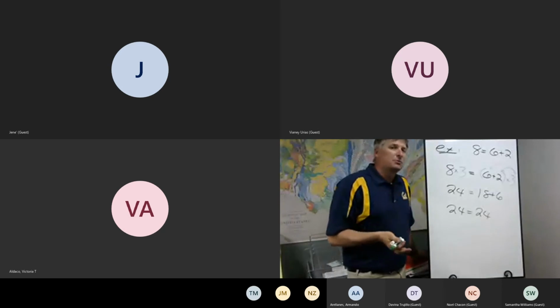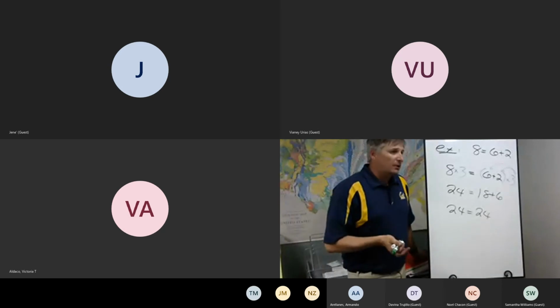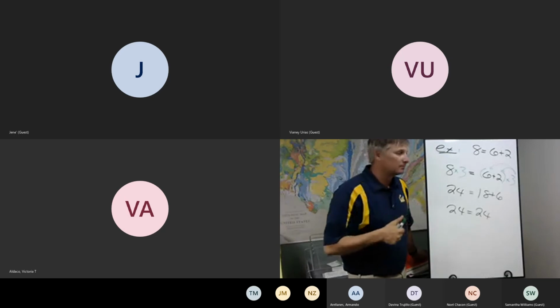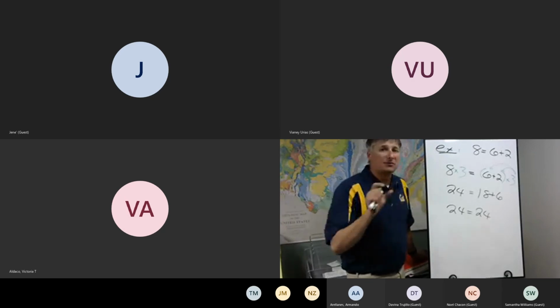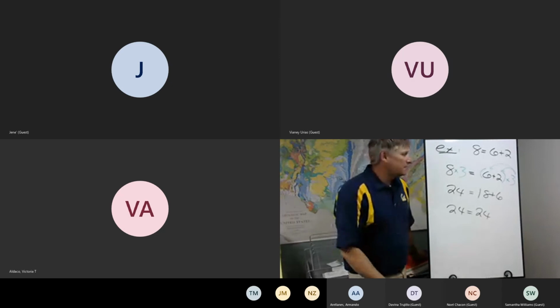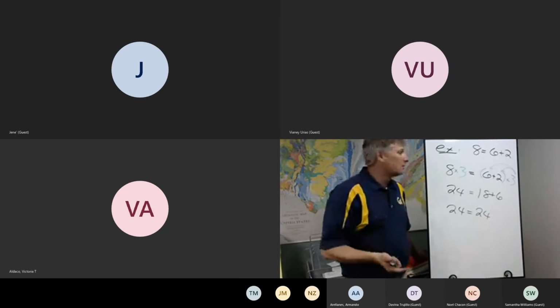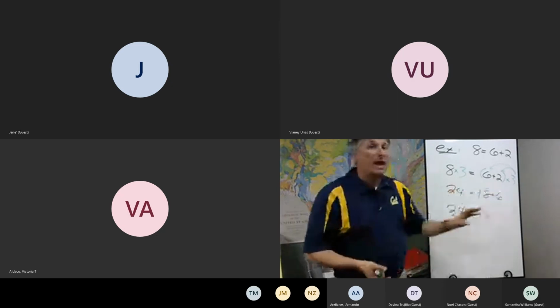When we do addition and subtraction, it looks like sometimes we're adding or subtracting to just one number. We're really not. We're adding and subtracting to both sides. And then that becomes more apparent when we do multiplication and division.